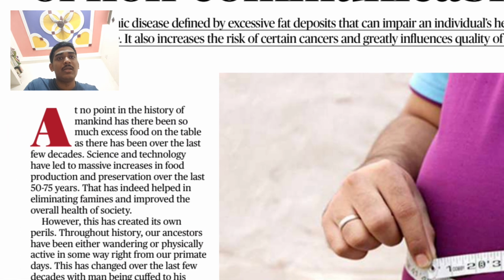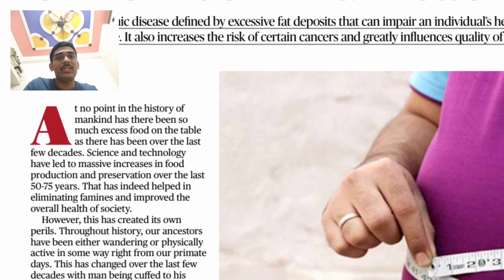At no point in the history of mankind has there been so much excess food on the table as over the last few decades. Science and technology have led to massive increases in food production and preservation over the last 50 to 75 years. That has helped in eliminating famines and improving the overall health of society. However, this has created its own perils.